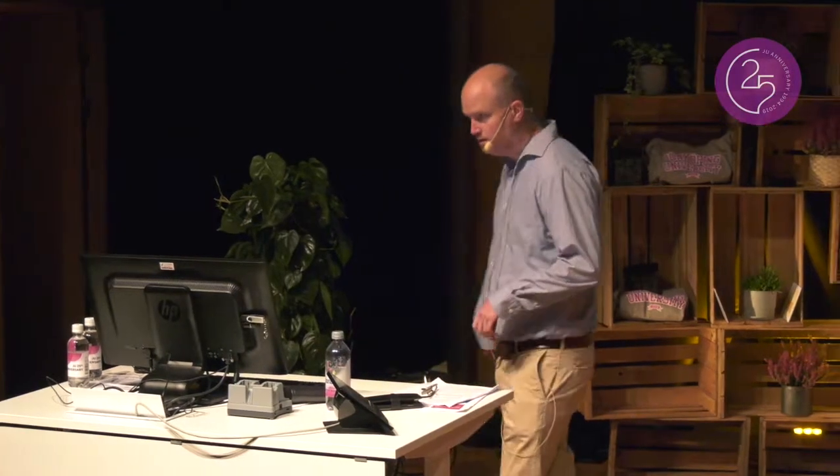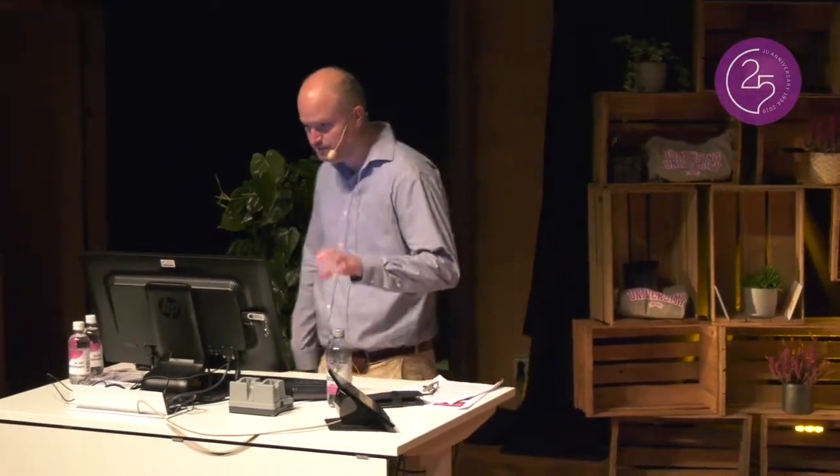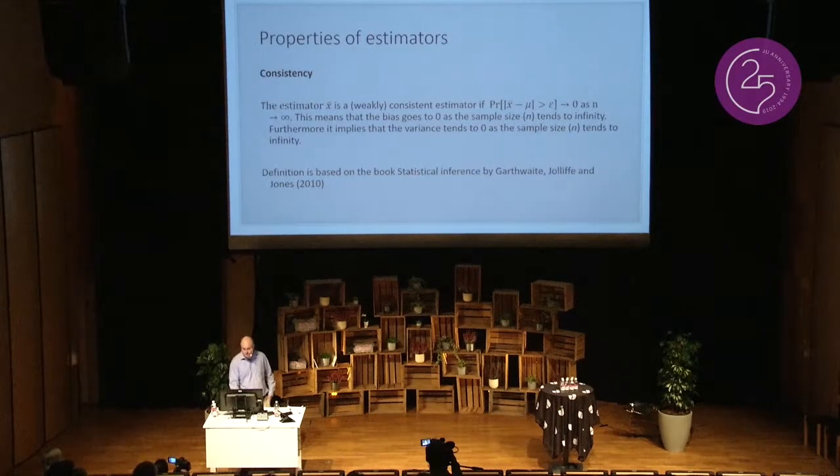And in the end, it converges to the correct value, which is mu. So if we ask all Swedish people, then calculate the average income, then x bar, our sample estimator, will be equal to mu. So it implies that the variance tends to 0 as the sample size n tends to infinity, or as we sample the whole population.